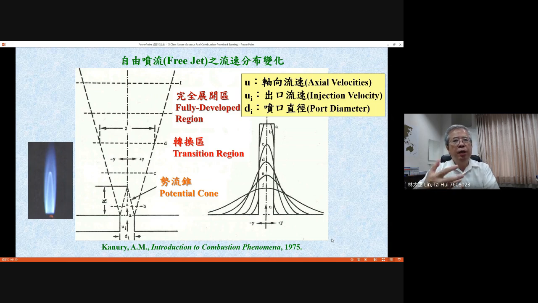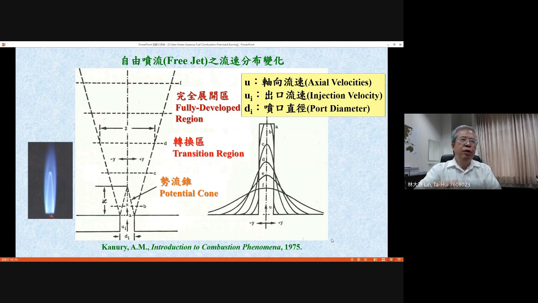I want to mention again, especially when you go through combustion study, in the beginning you always need to examine the flow structures, because when you know the cold flow structures, then those ideas from combustion science can be applied to the cold flow structure.